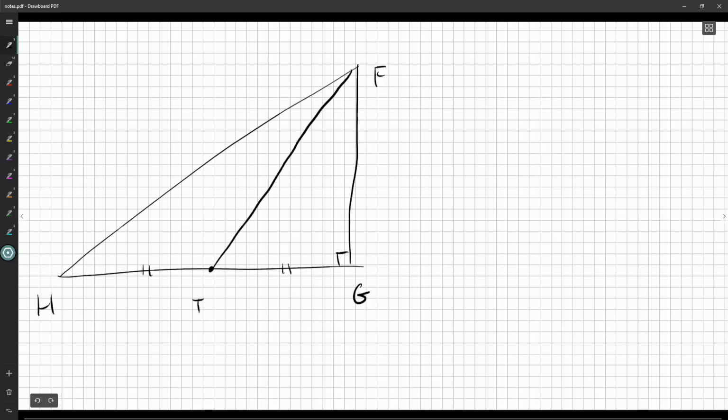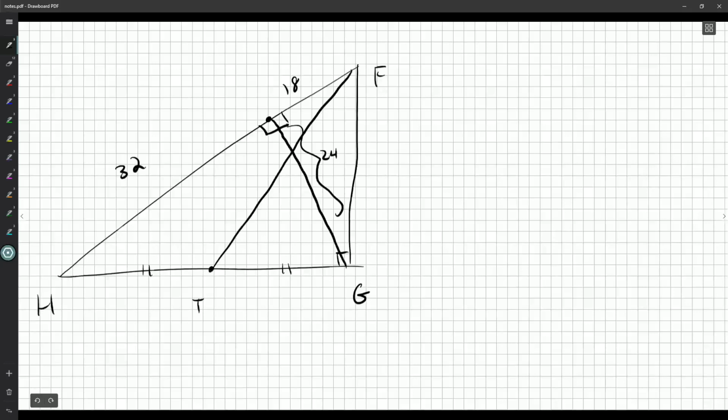Okay, and then we want S here so that we get another right angle. And we've got 18, 24, and 32. Okay. So, and this here is S. Well, the 24 and the 32 gives me a nice little right angle, so I'll make a few comments here.